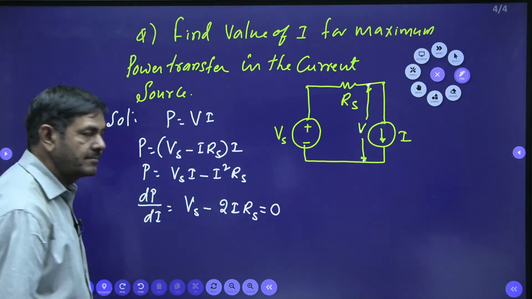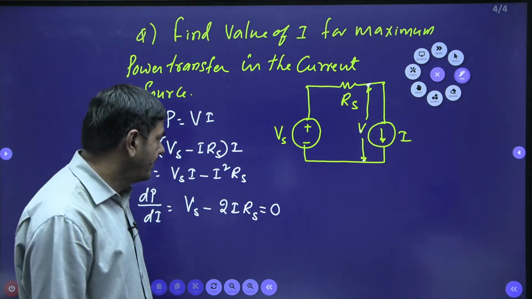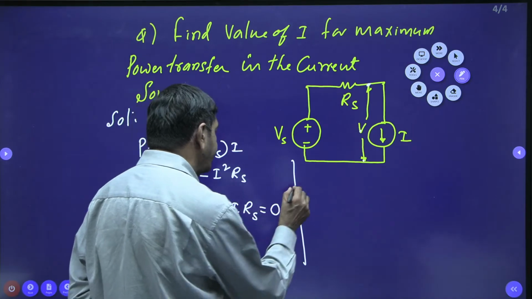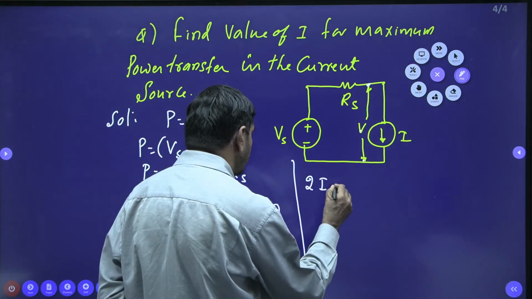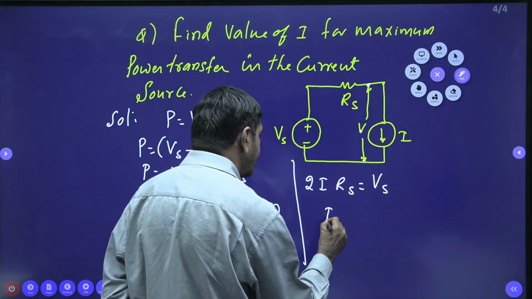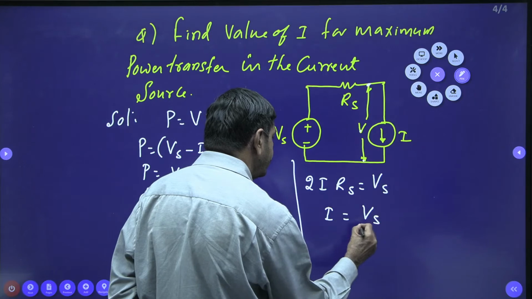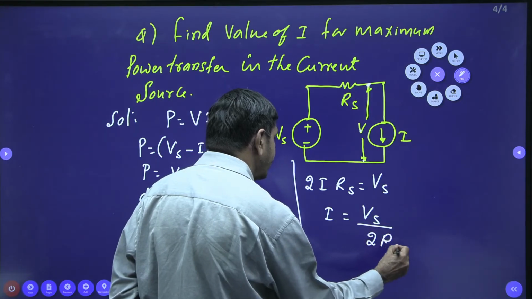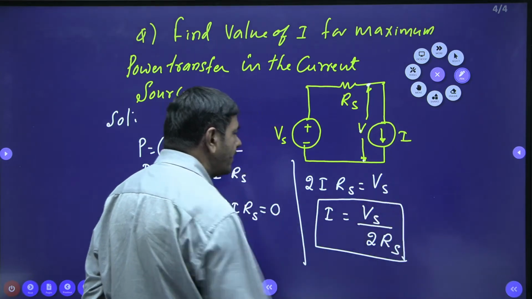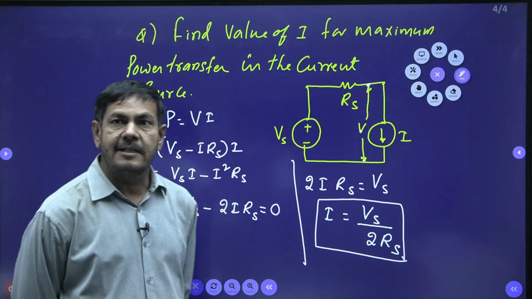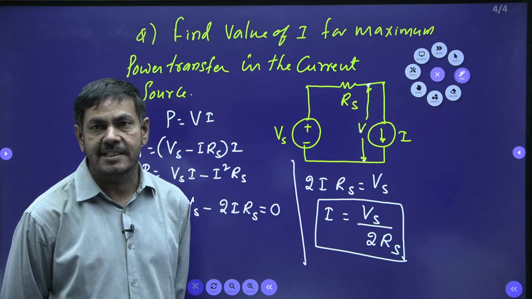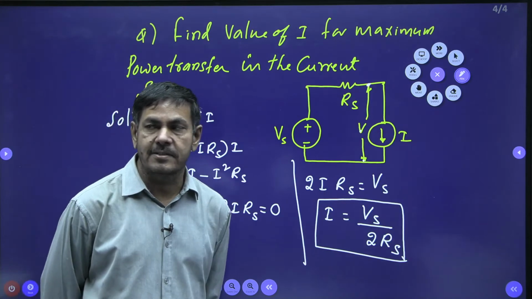So 2I Rs equals Vs, then I equals Vs by 2 Rs. So when maximum power is transferred to the current source, the current through this network is Vs by 2 Rs. This is the answer for this question.